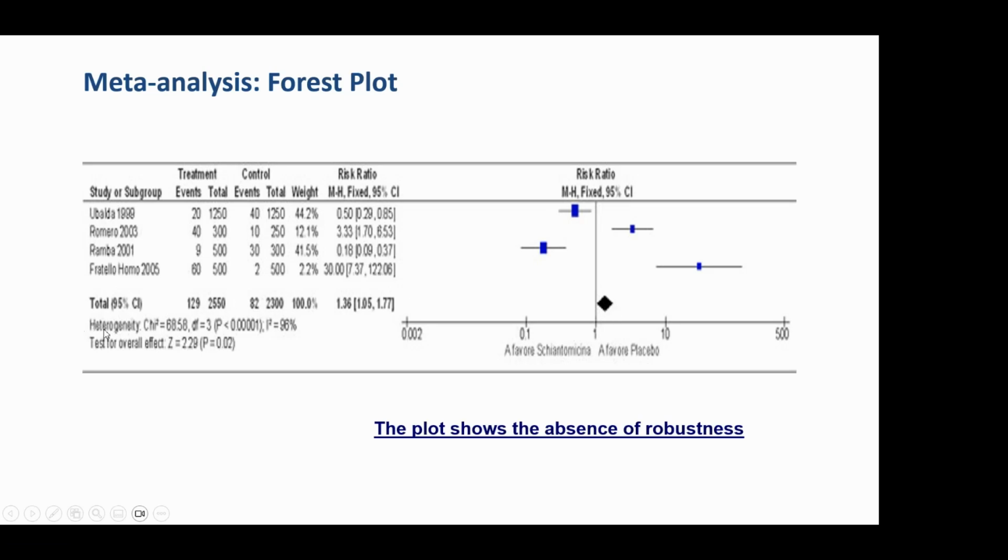And you can see here heterogeneity chi squared is 68.58, degrees of freedom is 3, p-value is very low, and the heterogeneity I squared is 96%, which is very high. But you can see it also from the graph. The more they are not aligned one on top of each other, the more heterogeneous the studies are, because they are not saying the same thing, right?